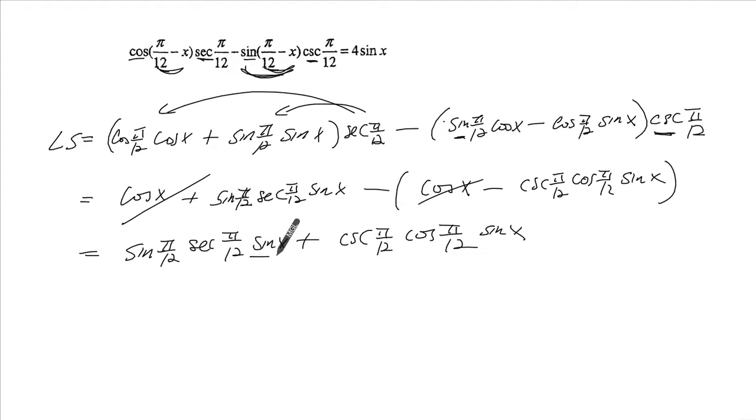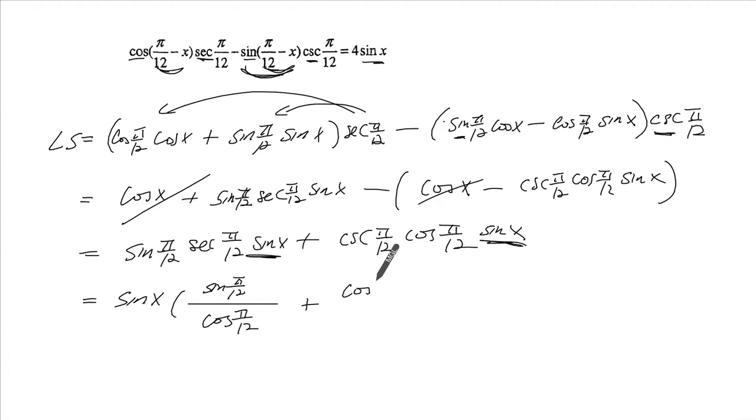Okay, all right, we can factor that out, right? So that's sine of x, which is what we want on the other side, and we have now left over sine of pi over 12, and actually let's write that as a primary trig ratio. That's going to be a cosine of pi over 12 and a cosine of pi over 12 over a sine of pi over 12.